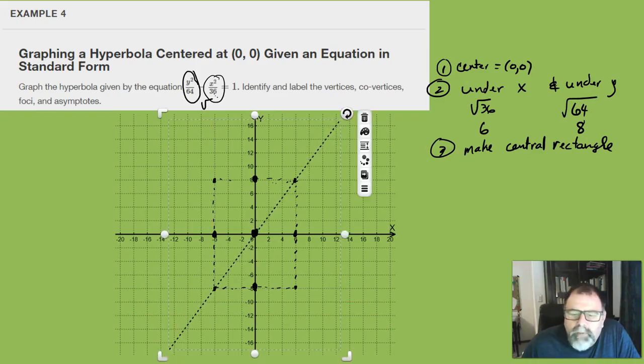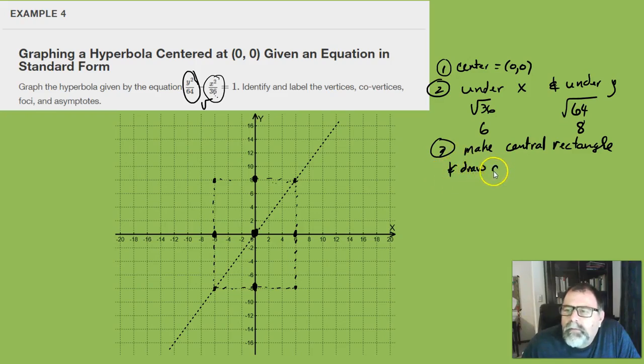I guess I should write that in my step here. And draw asymptotes through diagonal of rectangle.